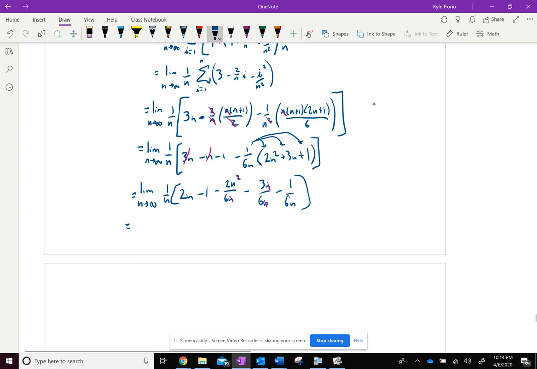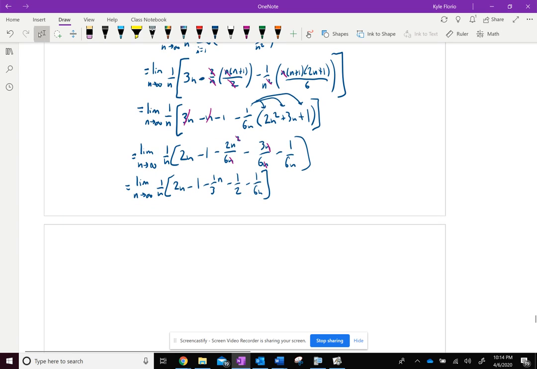Let me just write what we have before I distribute that n. All right, so I have 2n minus 1, minus 2 over 6 is 1 over 3. There's still an n up top. 3 over 6 is 1 over 2. And I hope I didn't make a mistake.